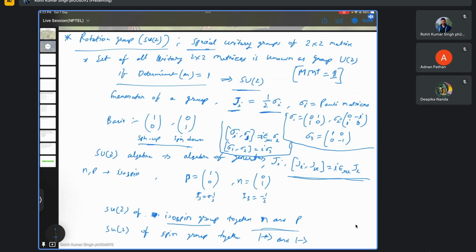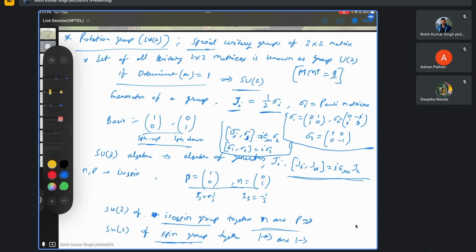Now since we have this isospin, for the spin group we have these generators called Pauli matrices, and you have this basis. In the isospin group, we have the basis as the proton and neutron states, and we also have generators here which are similar to the Pauli matrices, but I am not going into much detail.